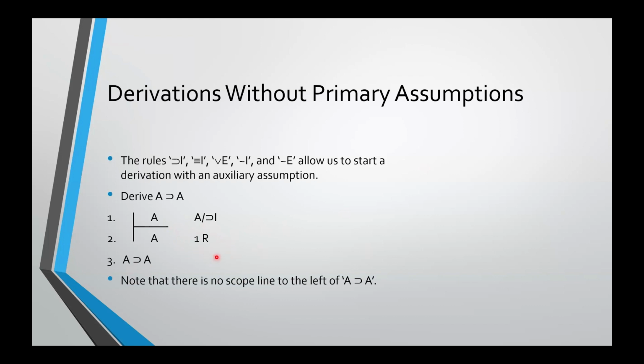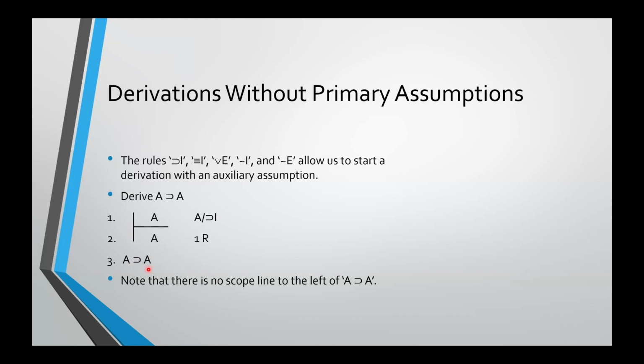Now, notice that there's no scope line to the left of if A, then A, right? There's a scope line up here marking off the scope of this assumption, but there's no scope line down here because this is not actually within the scope of any assumptions. What we've done is, we haven't derived it from any particular assumptions.